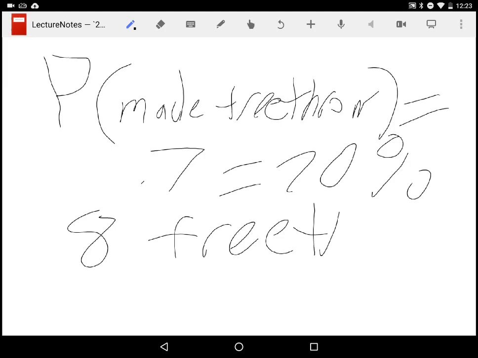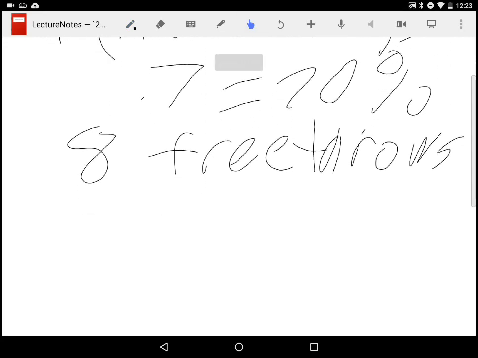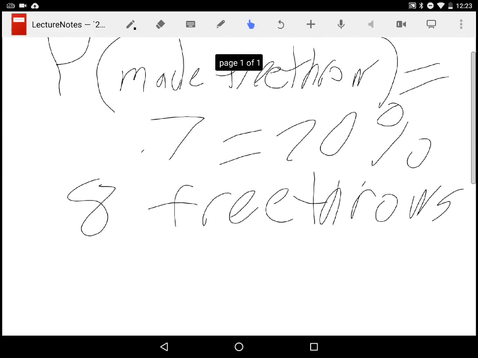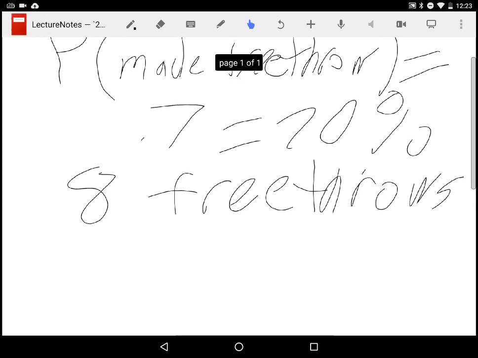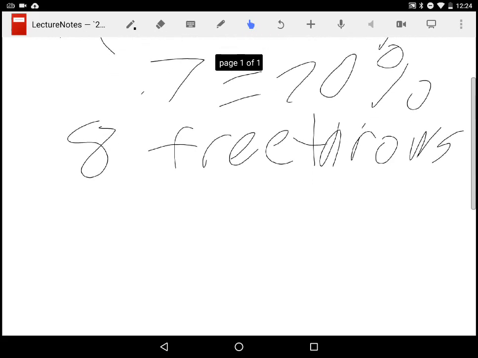The thing we're interested in is determining the odds that this player makes 6 out of 8 free throws. So that's a little bit higher than his average. So let's see the probability that he shoots exactly 6 out of 8 free throws.